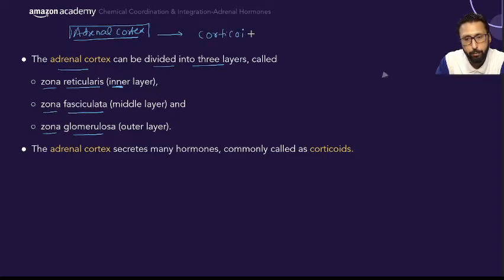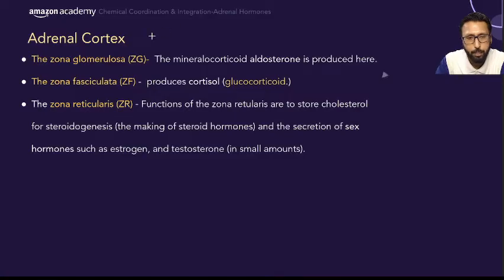We can have different kinds of corticoids like glucocorticoids, mineralocorticoids, and sex corticoids. So corticoids is the name given to hormones of the adrenal cortex, and catecholamines are the name given to the hormones of the adrenal medulla.